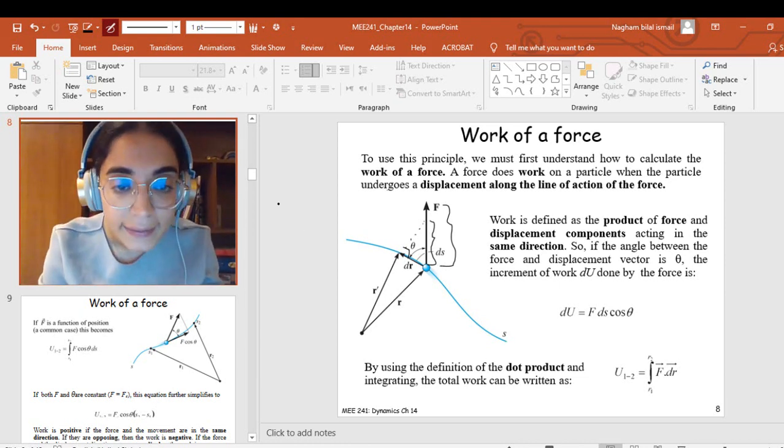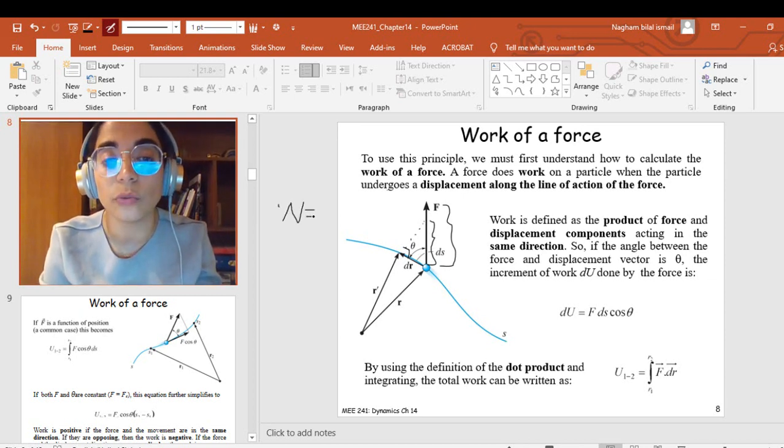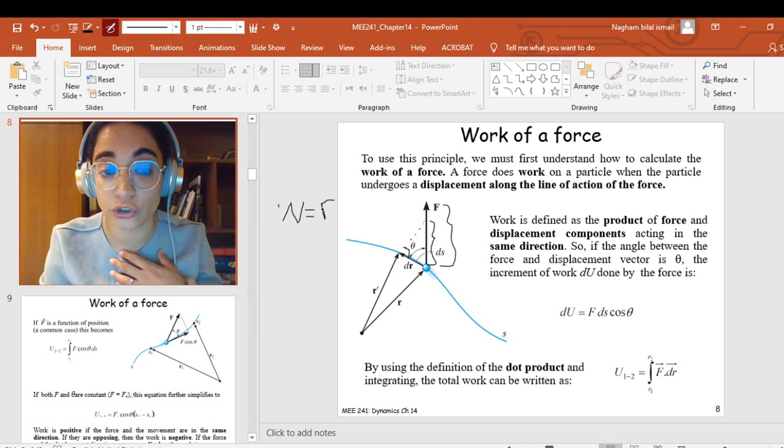So in fact, the work is equal to the force exerted times the projection of ds on this force.